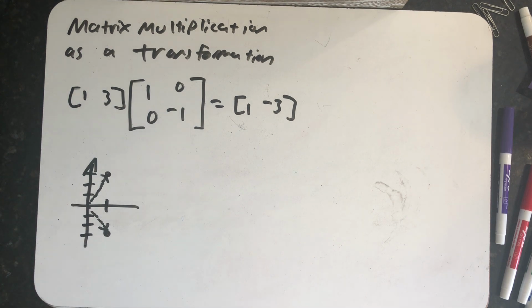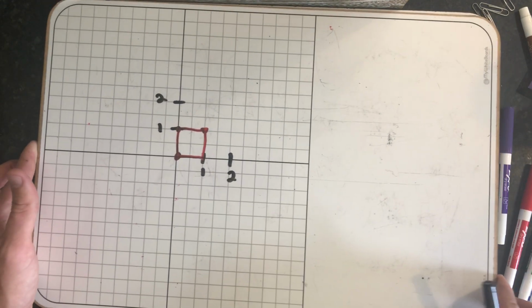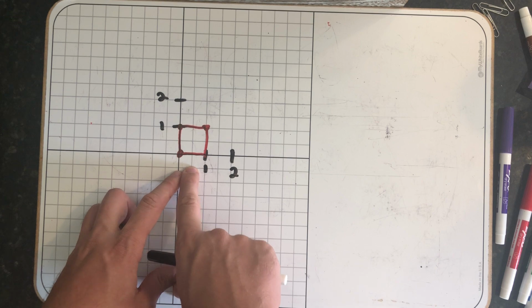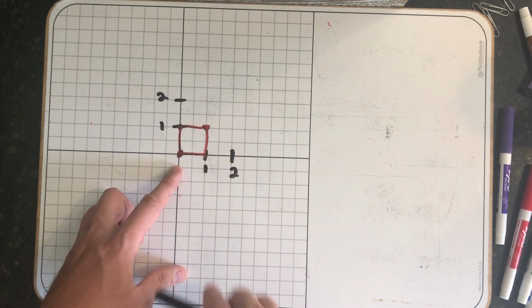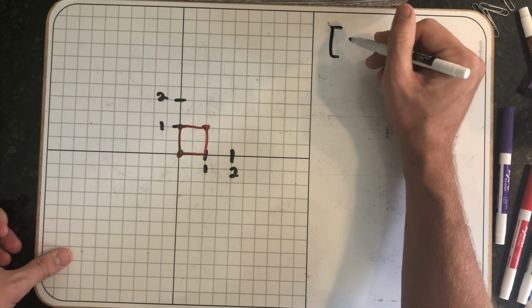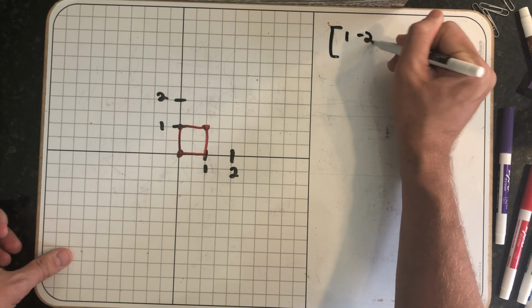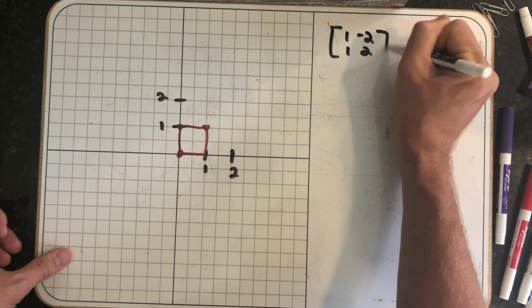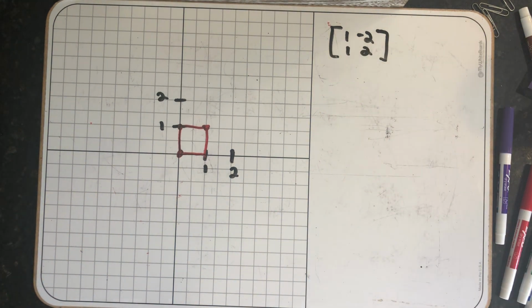So let's look at a more interesting example. Let's imagine I wanted to transform this red square, this 1 by 1 square in the first quadrant, by multiplying every point on that red square by this matrix. A little more interesting than the last one.